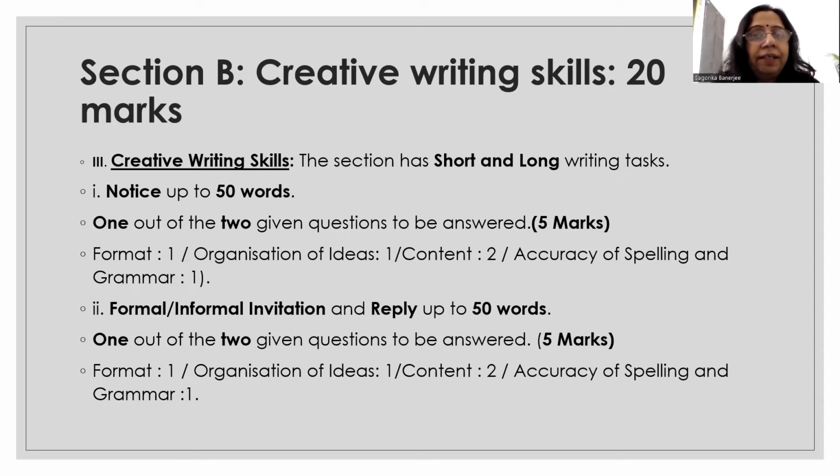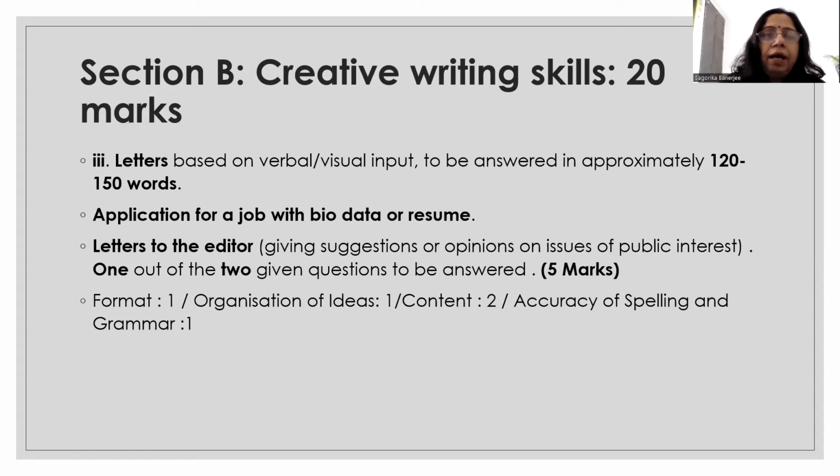Again, the marks are divided into format 1, organization of ideas 1, content 2, accuracy of spelling and grammar 1. Now, the third part of question number 3 comprises long writing creative skill, and that is letters based on visual and verbal input, to be answered in approximately 120 to 150 words.